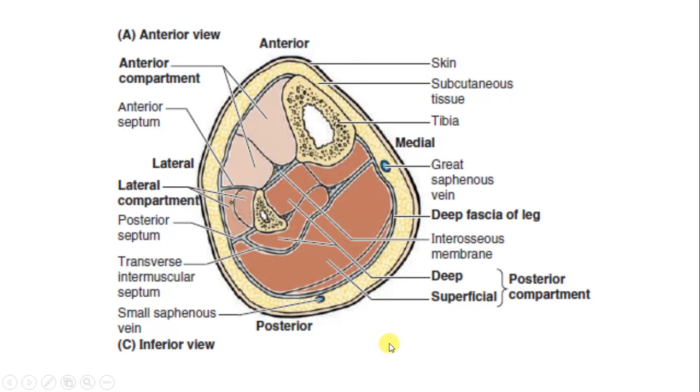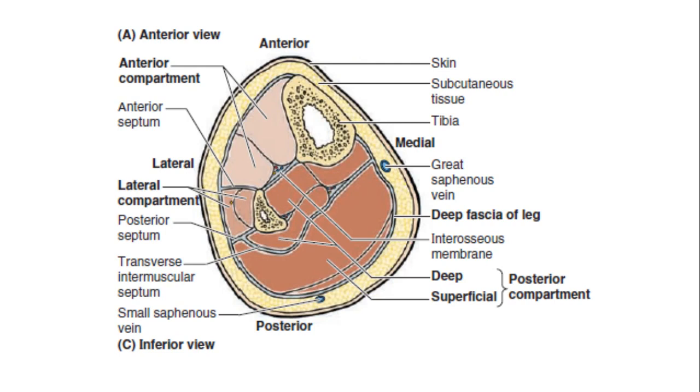So what I want to show by these slides is that the cross-sectional study is very important for understanding the normal as well as the abnormality that can most probably occur when there is damage to that structure.